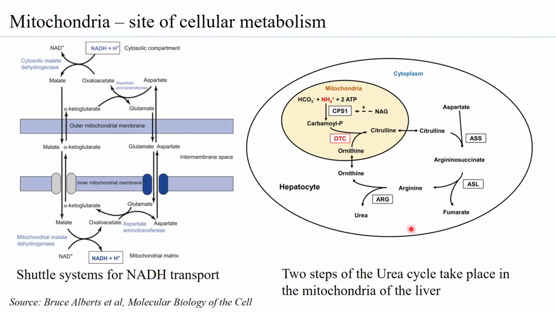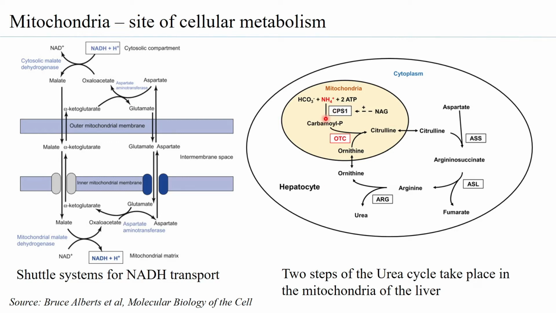Then you also have two steps of the urea cycle. We know that the urea cycle is responsible for converting the toxic ammonia that one gets from catabolism of amino acids to a non-toxic urea form, and that happens in 5 steps, of which 2 steps happen within the mitochondria, and this is especially seen in the liver.